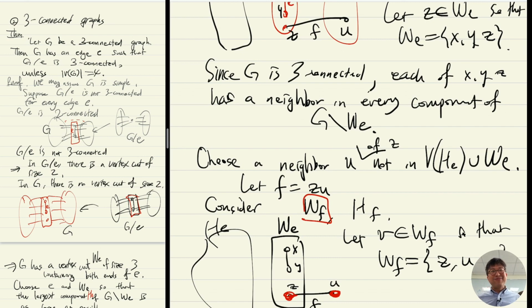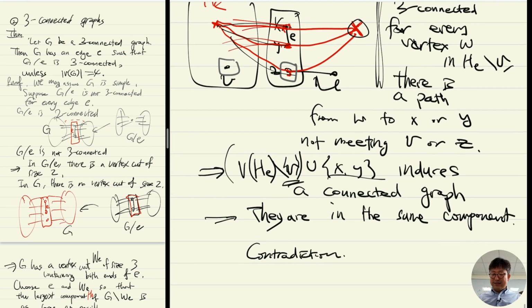Another way of viewing this proof is that if you repeat this argument, you choose one edge and find the largest component, then pick another edge and find the largest component, and so on. If you repeat this process, at some point you end up with a situation where, when you contract, the graph is 3 connected, so you cannot find a separator of size less than 3.